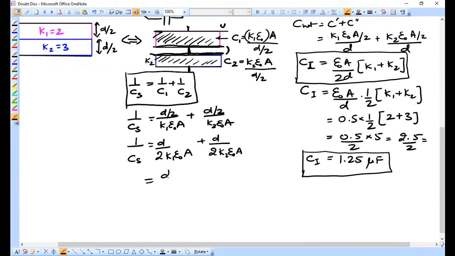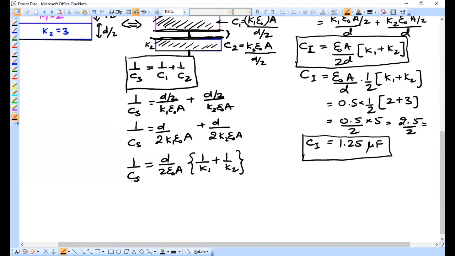You can see d by 2 epsilon naught A is common in both terms. What I'm left with is 1 by k1 plus 1 by k2, and this happens to be 1 by CS.